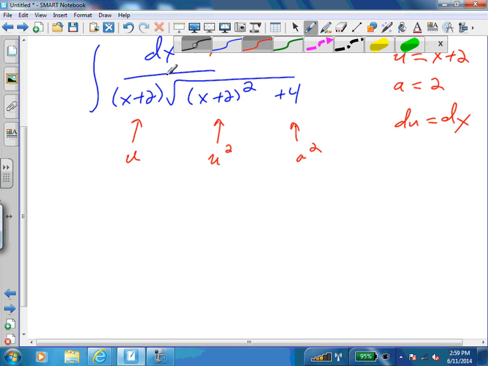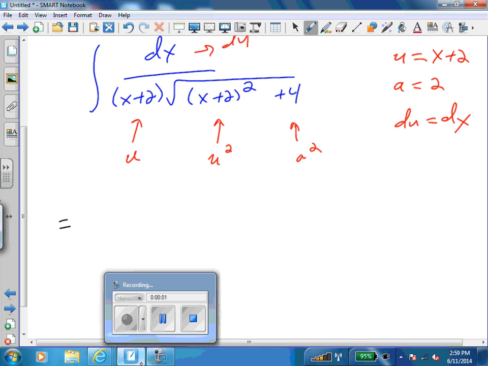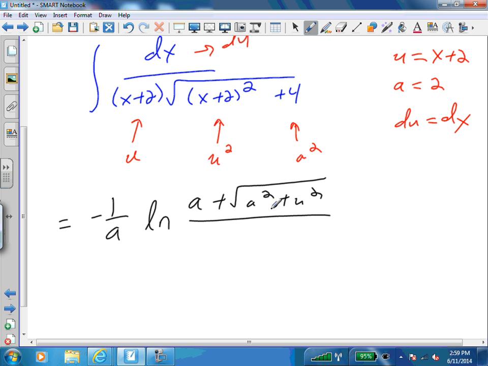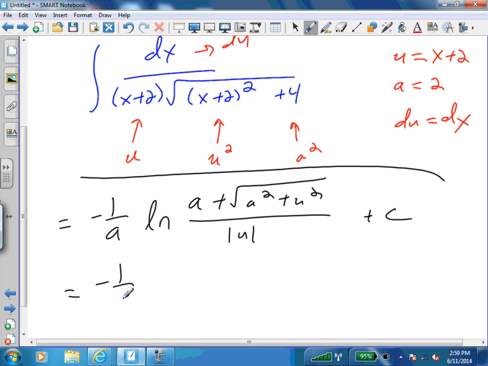So that integrates into minus 1 over a, natural log of a plus the square root of a squared plus u squared over the absolute value of u, plus c, where our a is 2.